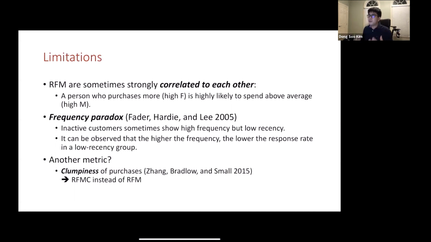There are so many people who admit to binge watching their favorite show on Netflix or Hulu or playing a new Xbox games over the weekend. In such a context, clumpiness or binge-like behavior is another factor characterizing the value of your customer, and thus clumpiness needs to be considered as well as RFM to identify profitable customers.